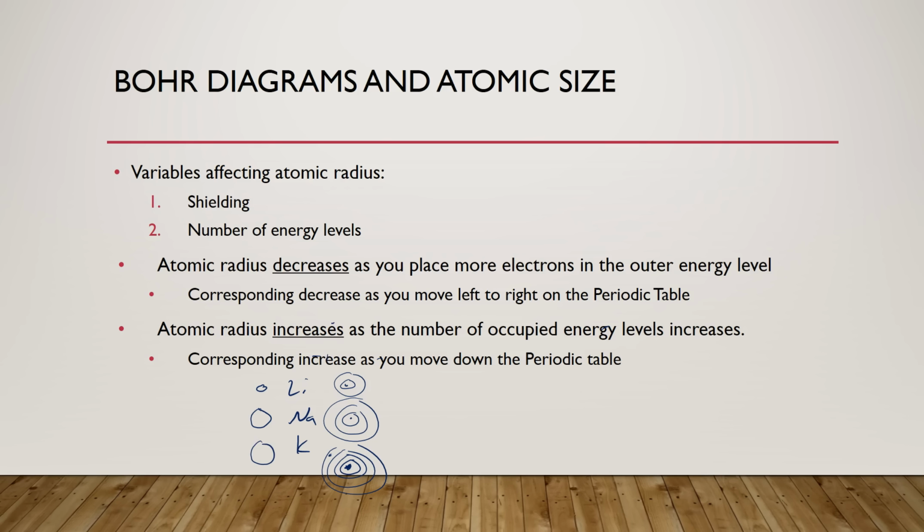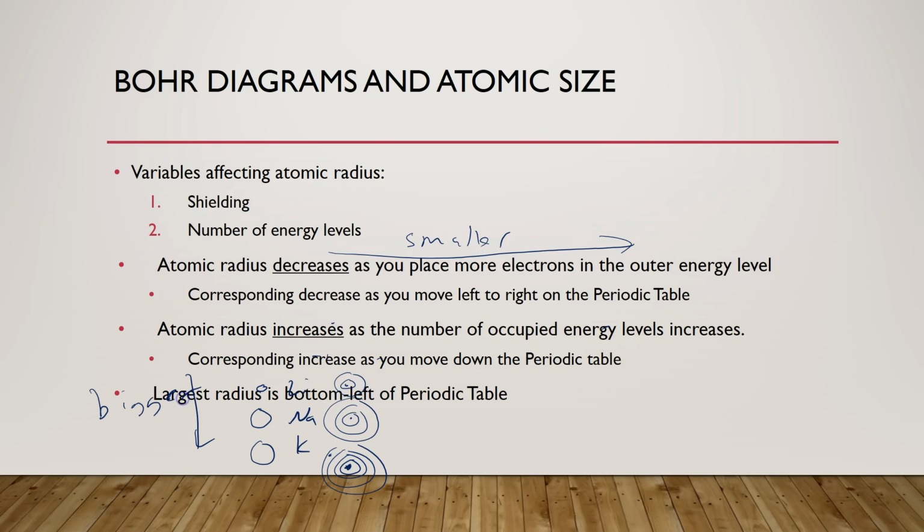Okay? So the trend on the periodic table, because of shielding and the number of energy levels, is that as we go left to right, we get a smaller radius. As we go down, we get bigger. Okay? So that means that, in theory, our biggest atom would be at the bottom left, which in this case is francium.